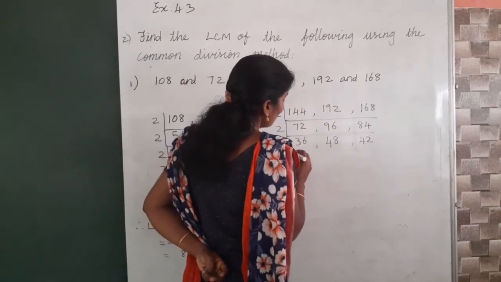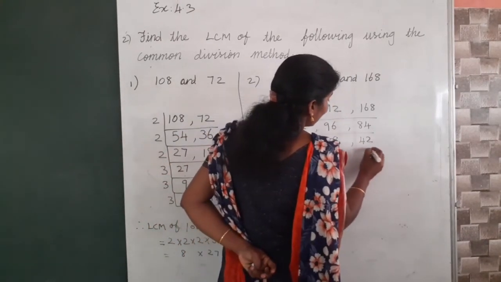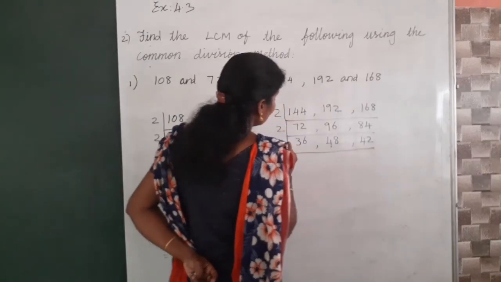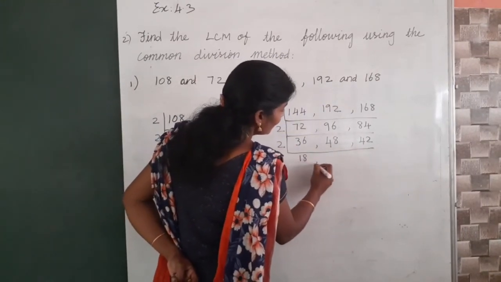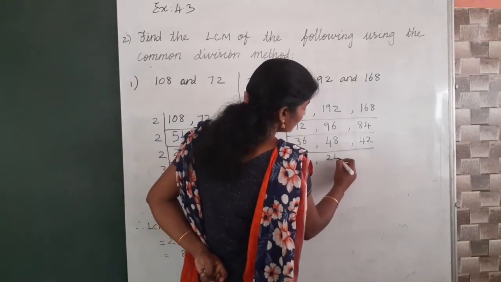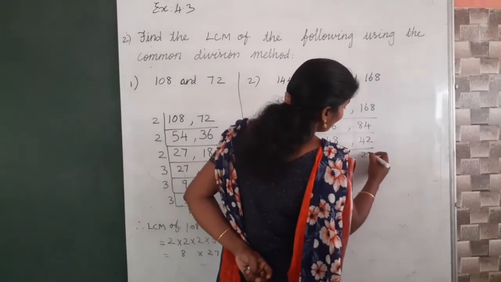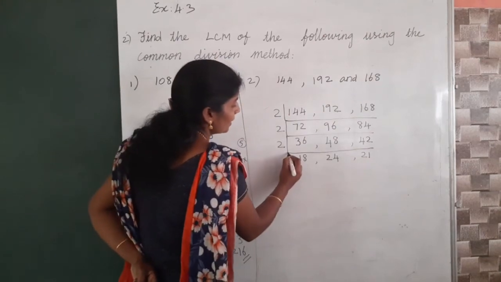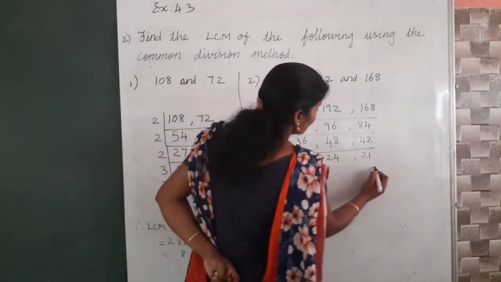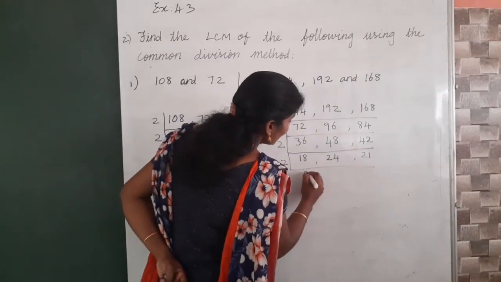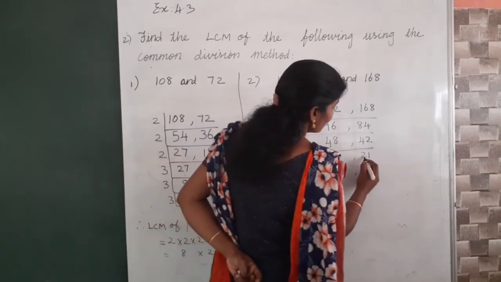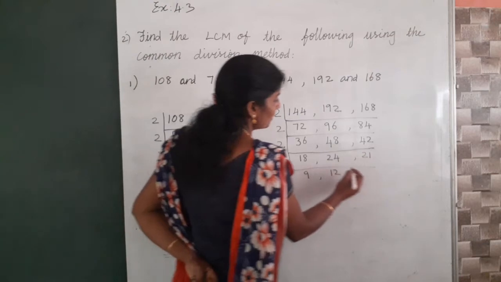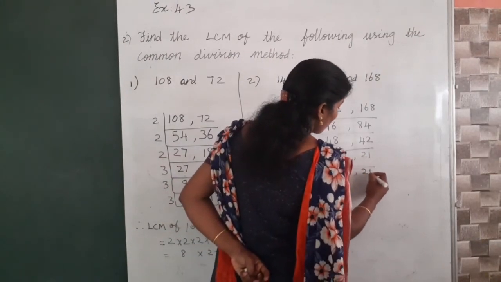Okay. Now we can take again 2 table. Isn't it? 2 table. 1 2 is 2, 8 2s are 16, 2 2s are 4, 4 2s are 8, 2 2s are 4, 1 2 is 2. Now we can take again 2 table. 9 2s are 18, 1 2 is 2, 2 2s are 4. Here this 21 is not in 2 tables, so we can bring down 21.